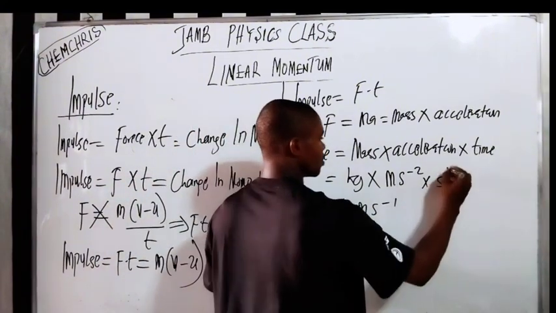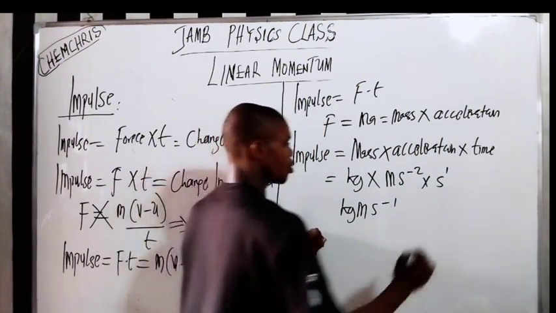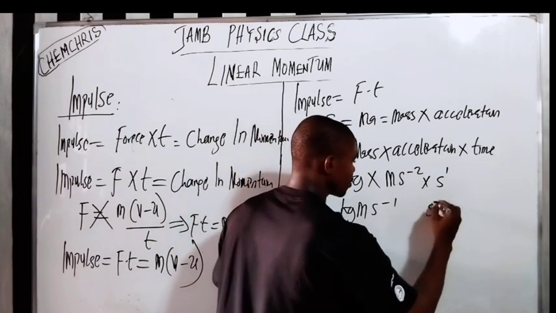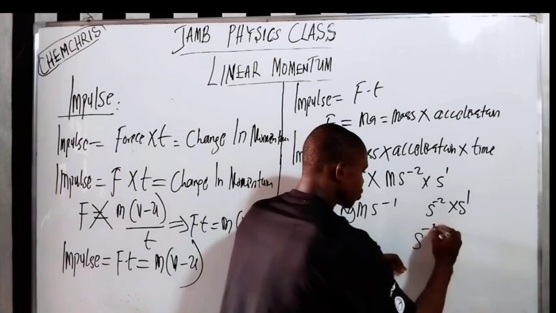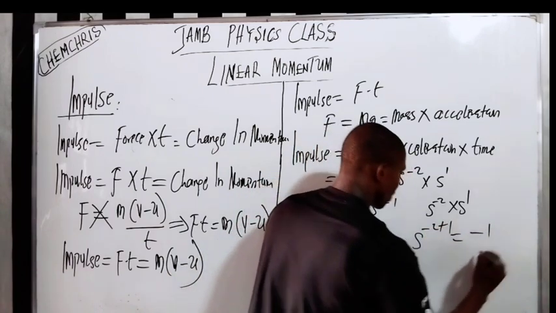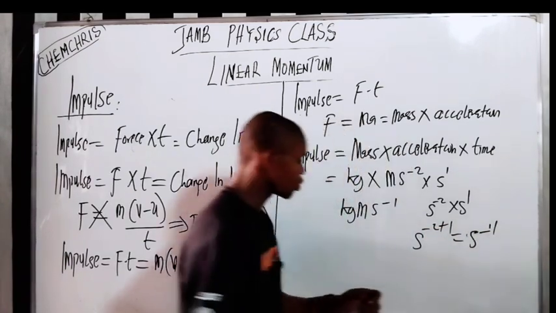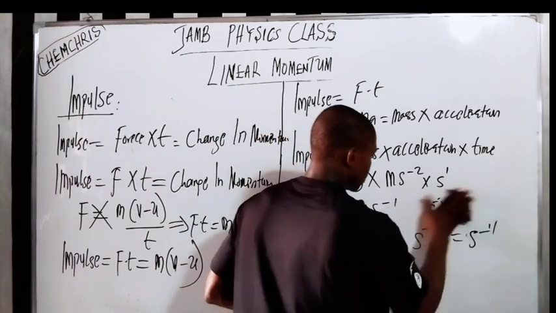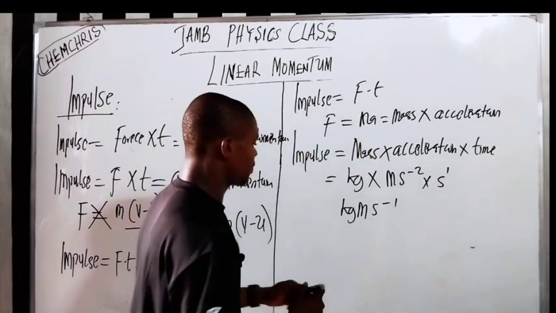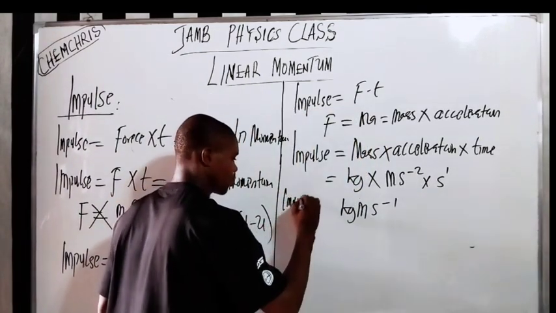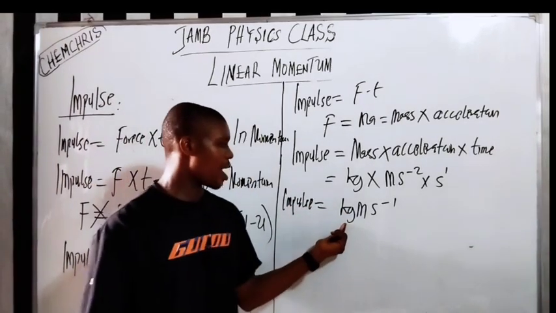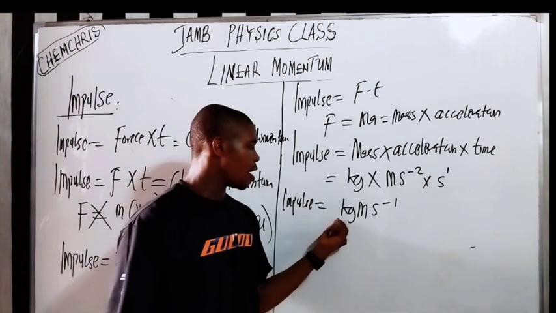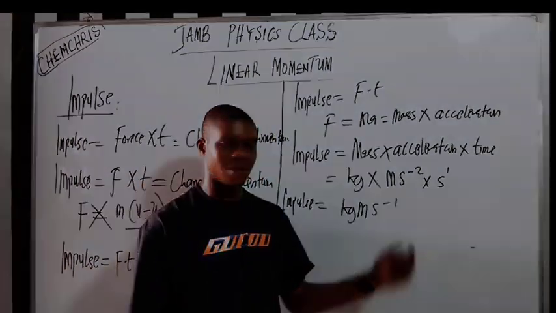Now, the condition is 1, so we have s to the minus 2 times s, which gives s to the minus 2 plus 1, going to be minus 1. I don't want to go into that now. So the unit of impulse is kg meter per second.